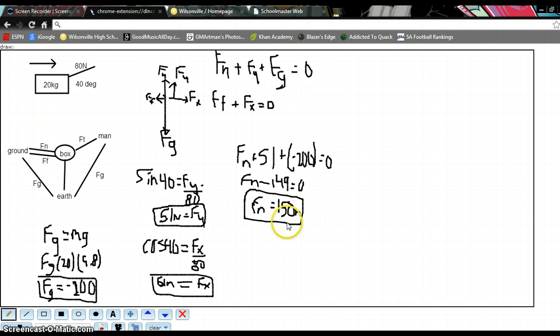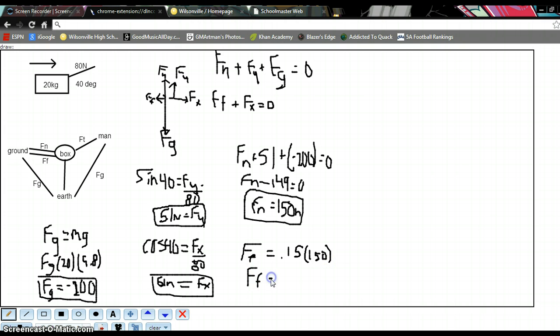So knowing that, you can use this times your coefficient, which is 0.15. The coefficient of friction is 0.15, so you would do your friction force equals mu, which is 0.15, times the normal force, which we found was 150.